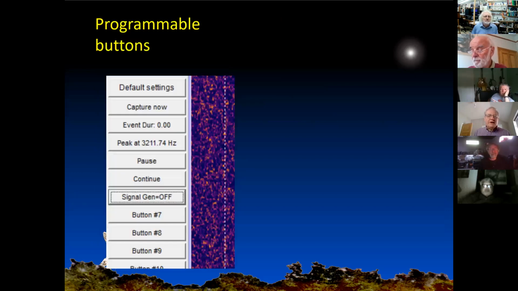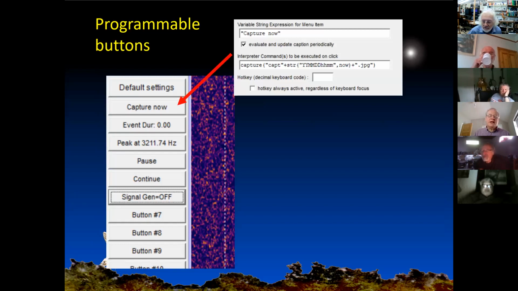The bottom half of the left-hand column contains 16 configurable buttons. So you can use these to either display information or actually initiate actions. If you right-click on any one of these buttons, you pull up this screen here. The top line allows you to define the name on the button, and then the center line allows you to insert a command using the interpreter.